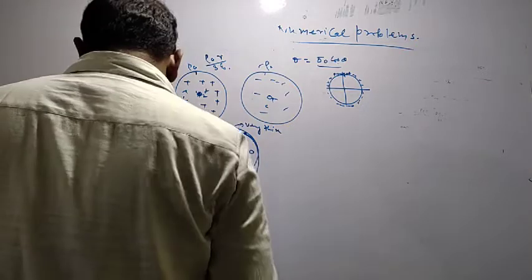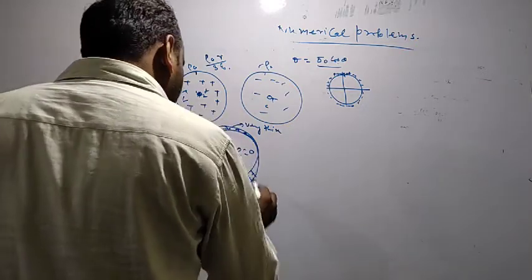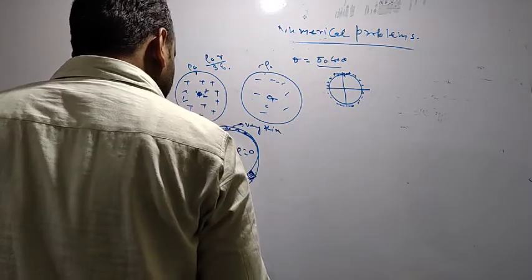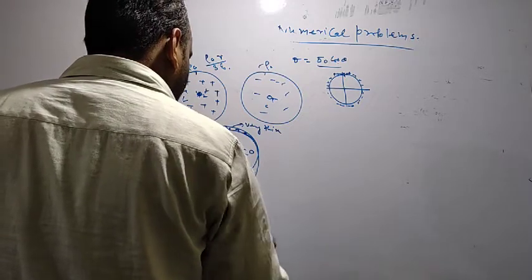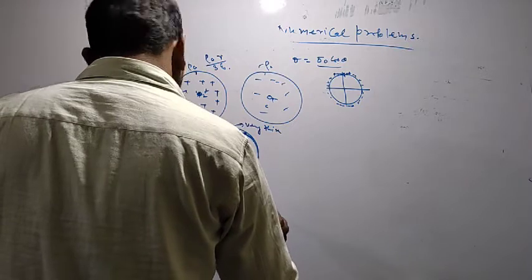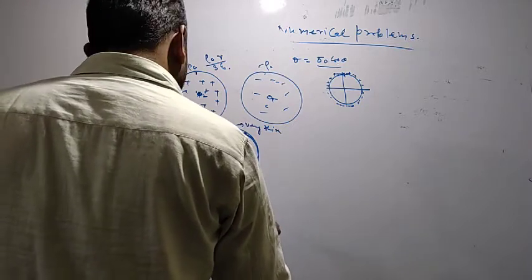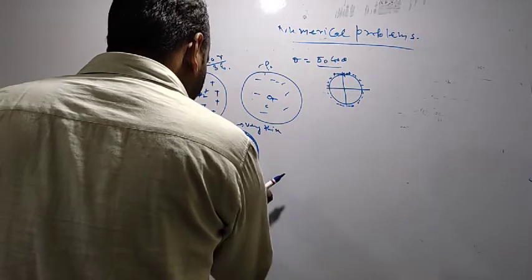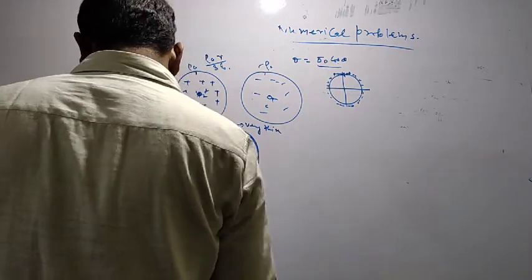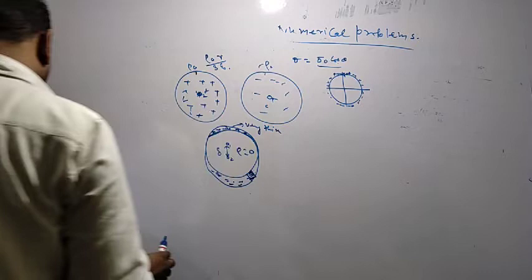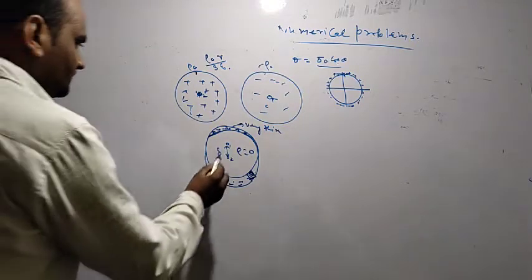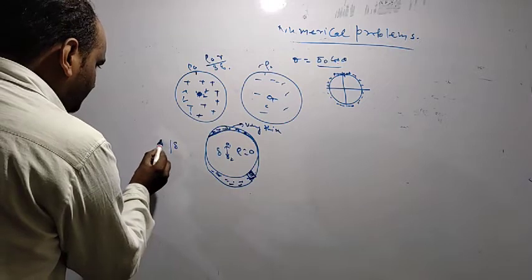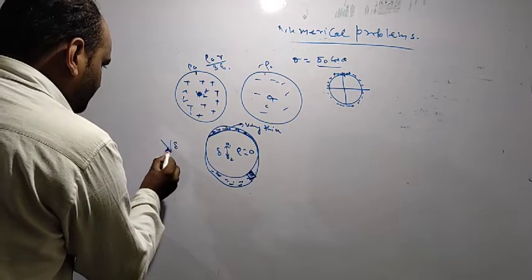Take a small thickness here, this is delta, and this is delta, and this is going to be theta.